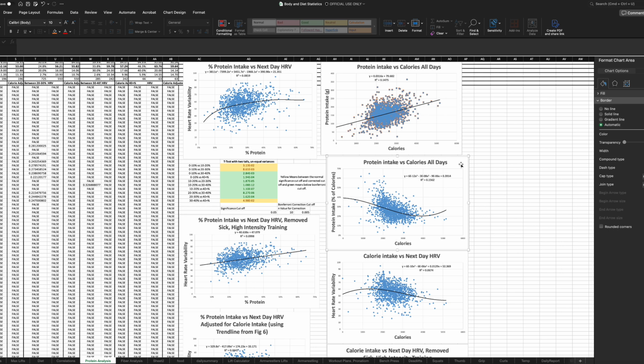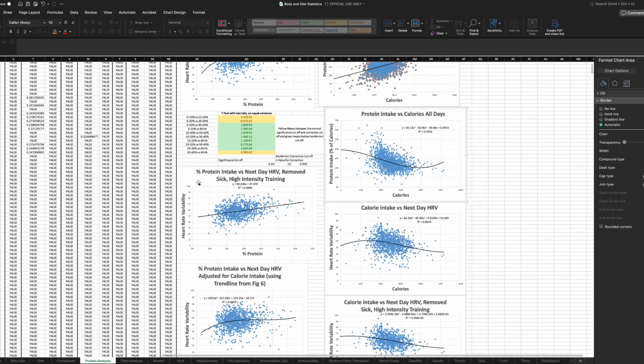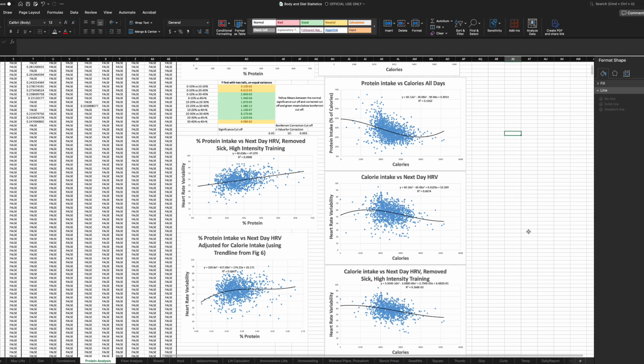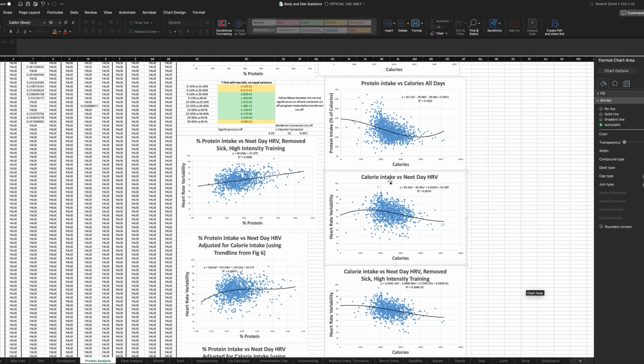Now, is it enough of an effect to ruin the t-test here? Well, we're going to see in a second. So in order to check that, we've got the calorie intake versus the next day heart rate variability. And you can see here, there is a negative correlation, and I'll make it linear for people who don't like things to be not linear.